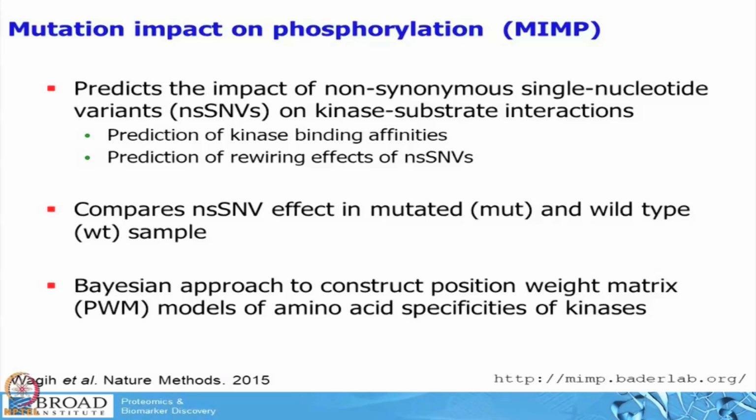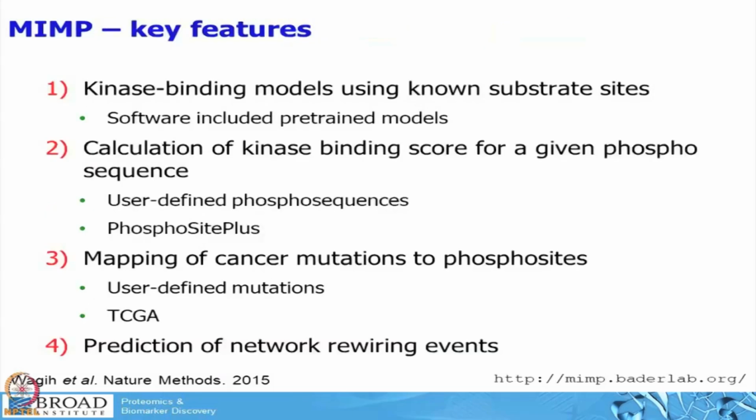One specific property of this tool is that it uses a Bayesian approach to construct position weight matrices, which is very similar to the amino acid frequency matrix that we just looked at. This has been published in Nature Methods about 3 years back, and there's an online tool which you can just use, but there's also an R implementation of that package, and this is what we are trying to use in the hands-on session.